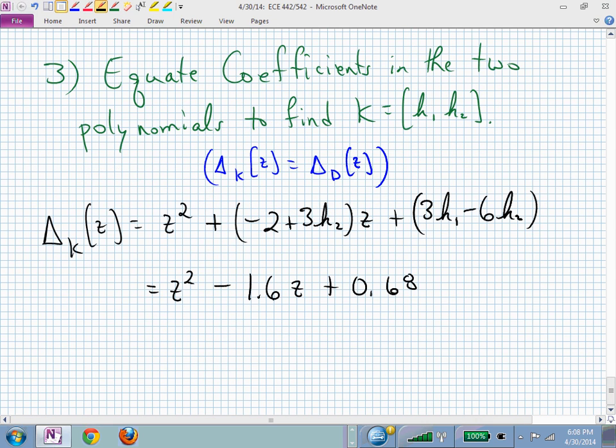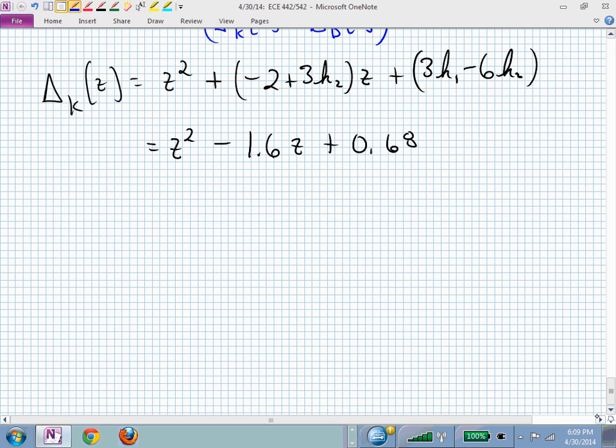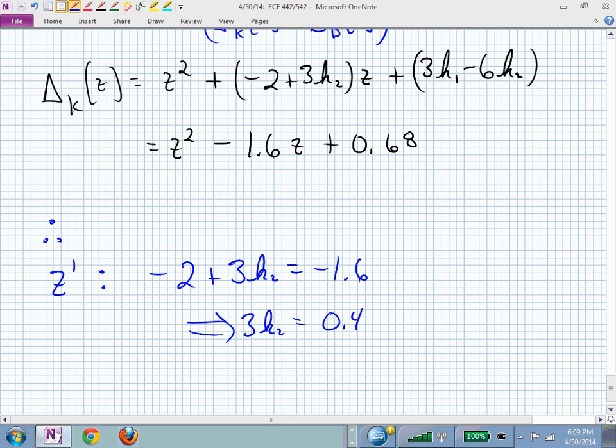Now we simply need to equate the coefficients in the two polynomials. If we look at the linear coefficient, or the coefficients for the z to the first power, we have minus 2 plus 3k sub 2 equaling minus 1.6, or 3k sub 2 ends up being 0.4, or k sub 2 is a third of that.